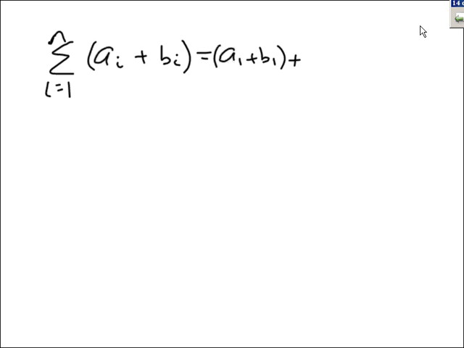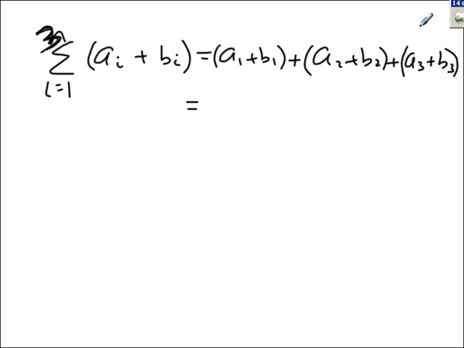Let's just go up to 3, i goes from 1 to 3. Then you get a2 plus b2, and then you get a3 plus b3. But these a's and b's are real numbers. The order you add these up is up to you. I choose to add the a's first, and then I choose to add the b's.